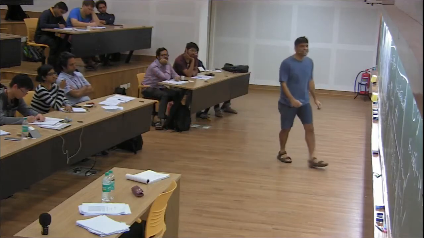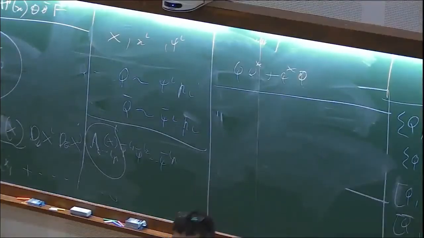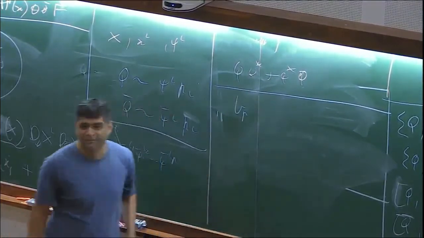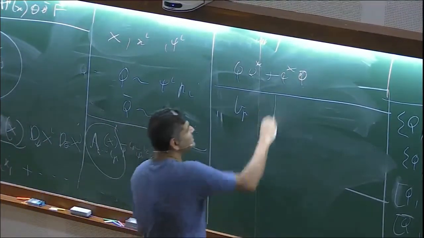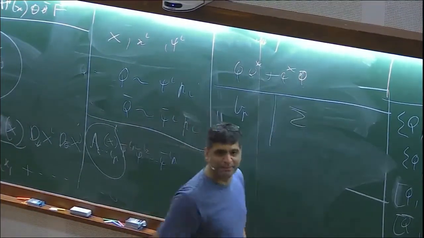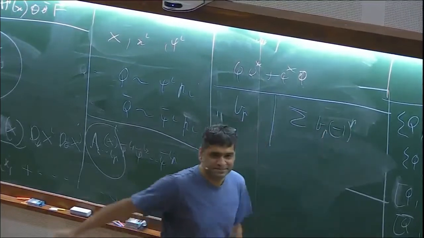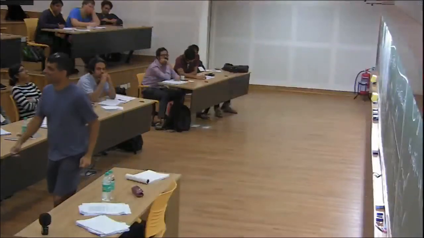Now, mathematicians have a name for how many non-trivial harmonic forms of degree P there are. This is the same as de Rham cohomology, right? But we won't go into all that. They call this BP. It's called a Betti number. And mathematicians are particularly interested in a particular sum over BP, which is BP times minus 1 to the power P. They call this the Euler character of their manifold.